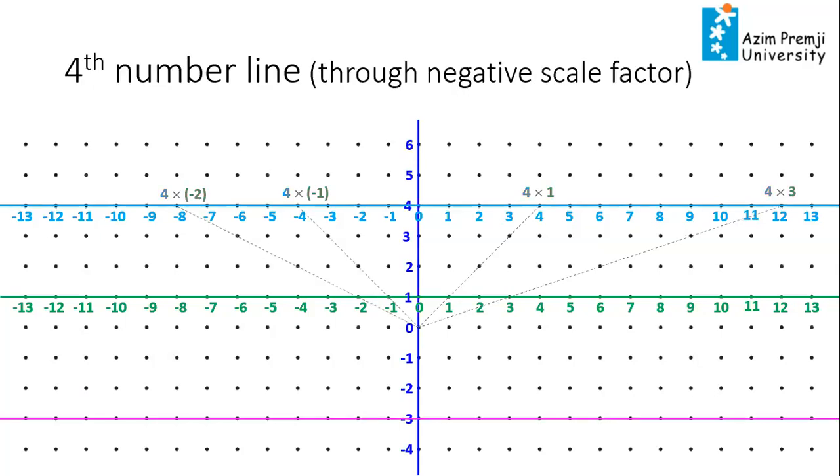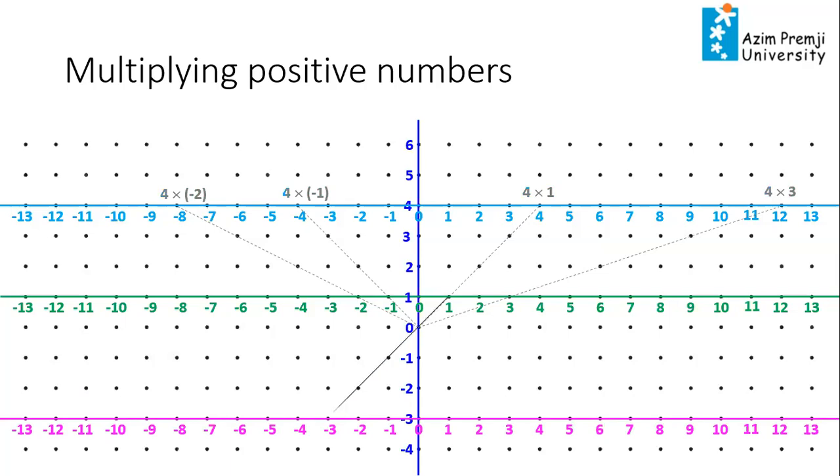Now, what if we take a negative scale factor? -3, that's what we have taken here. Now let's see what happens. Now when we multiply positive numbers, see, it has gone over to the negative side, right? It switched sides.